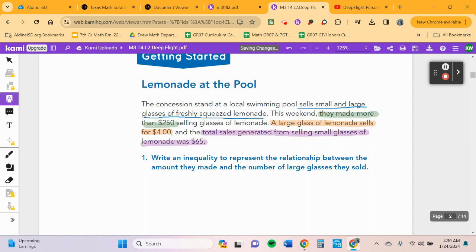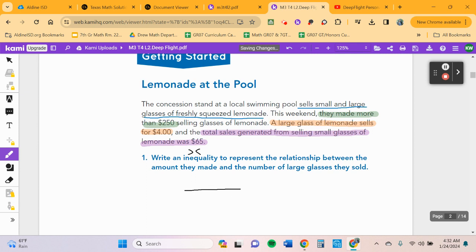Question 1 reads, write an inequality to represent the relationship between the amount they made and the number of large glasses they sold. So I'm going to write that out to help me understand what inequality I should be writing.